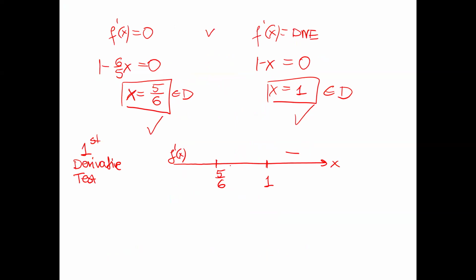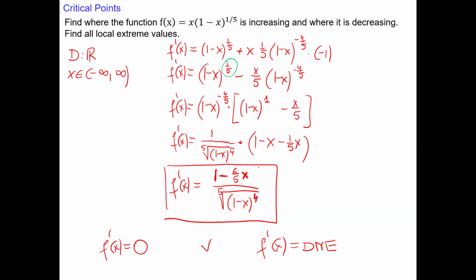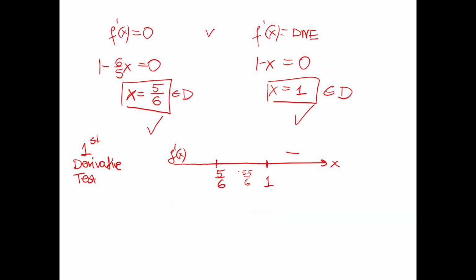Now we have to pick a test value from this interval. This is a relatively small interval, but we may pick 5.5 over 6. That's the easiest one. When we substitute 5.5 over 6, it will give a number greater than 1, and 1 minus a number greater than 1 is negative. Also negative.